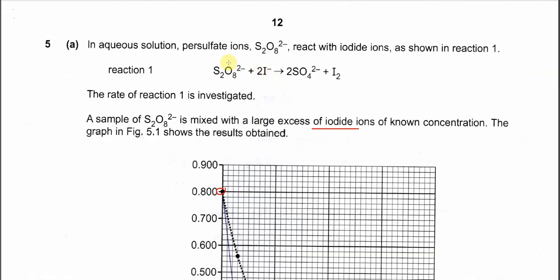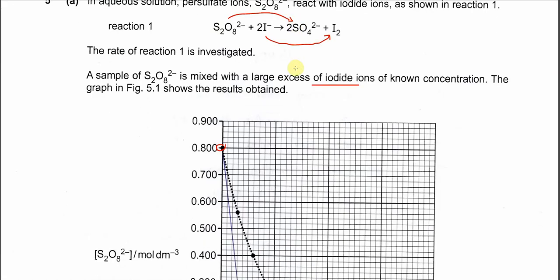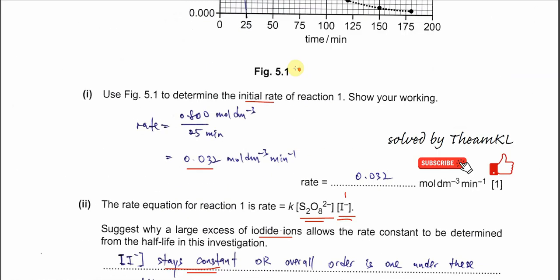We know that persulfate forms sulfate, so it gets reduced, and the iodide forms iodine, so it gets oxidised. So persulfate is reduced, iodide is oxidised, and we need to use this overall to get these two equations from the reaction with the catalyst.